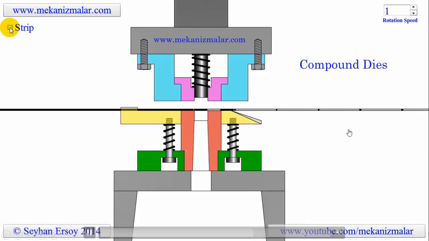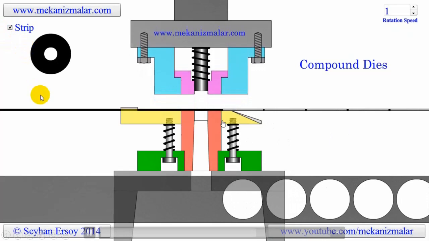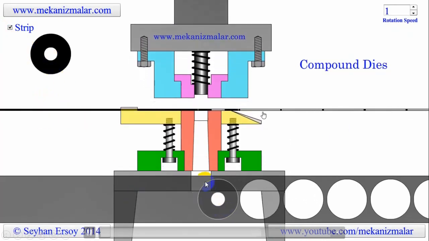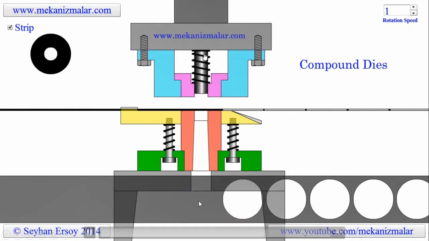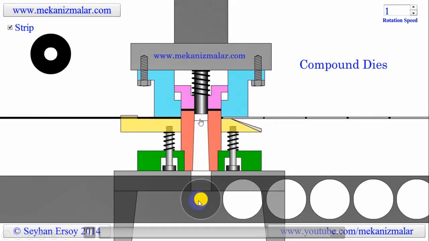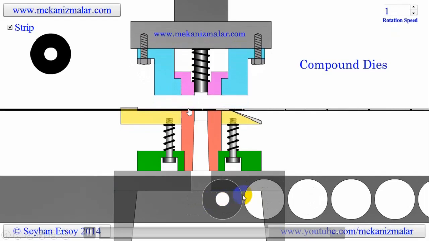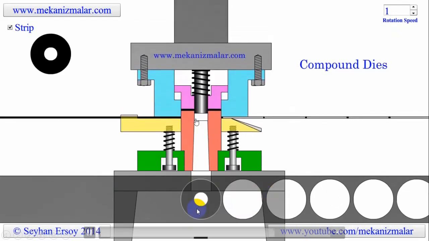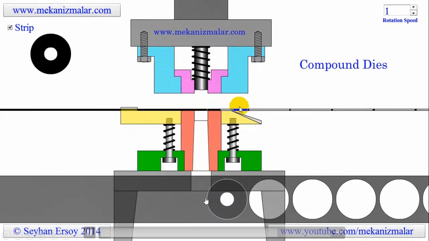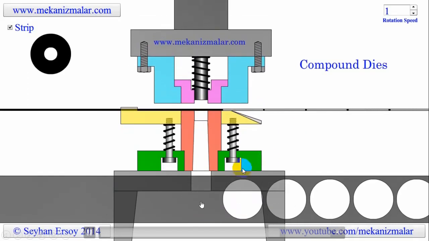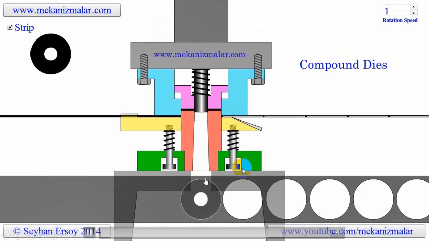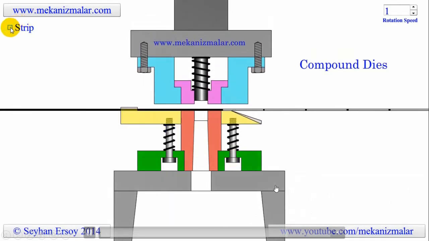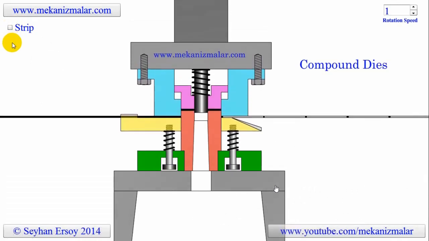Observe here the strip. First the punching operation, and then after this the round disc will be cut. That means two or more operations will be performed in a single stroke at a single station. This is a single station, only one stroke will be applied, and two operations will be performed. The internal hole will be created here, and then the round disc will be cut here. That means two operations, that we call a compound die.